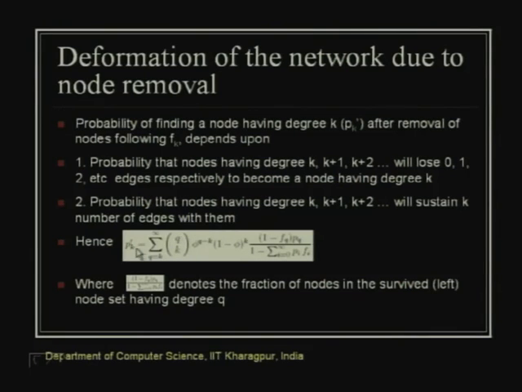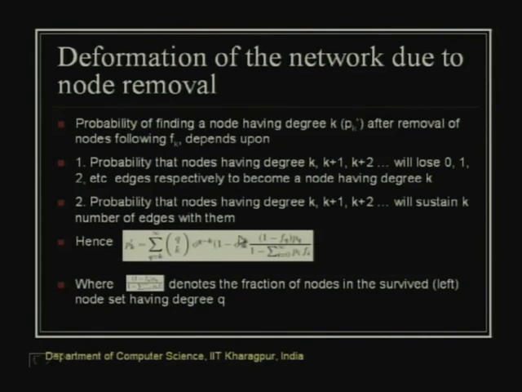So, what you can do is calculate p dash k. The degree was originally q, where q can be anything from k to infinity, and it has become k by removing q minus k nodes. The probability of removing q minus k nodes is phi to the power q minus k. And the probability that not more than those are removed is (1 - phi) to the power k.